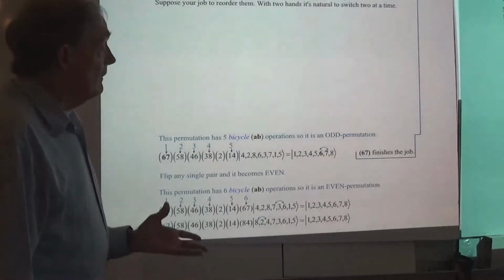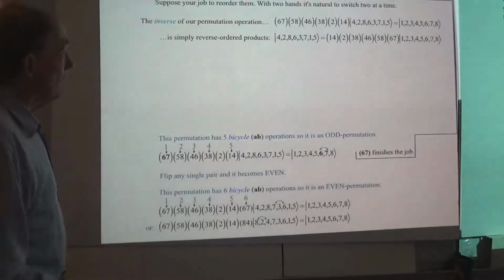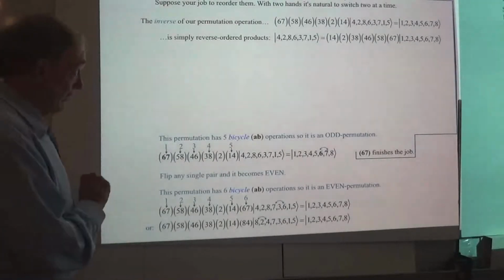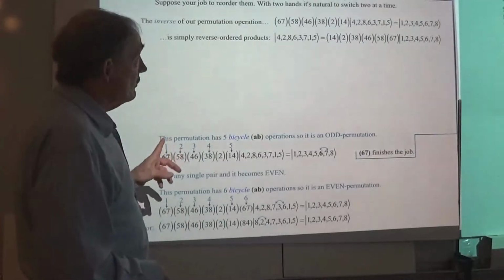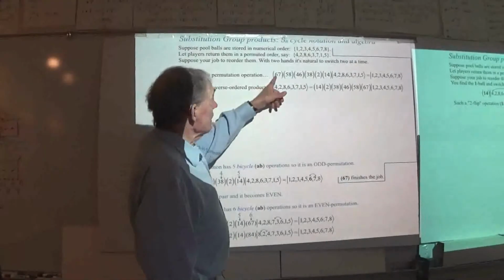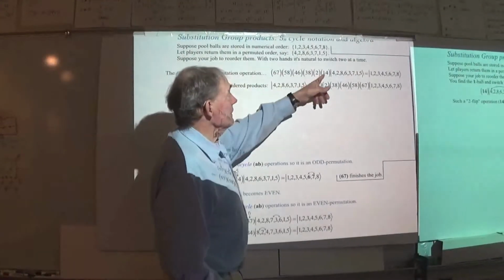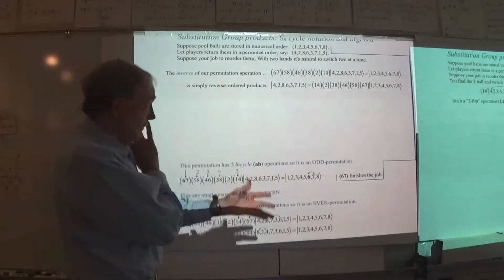And remember, you remember all the parity stuff that we worked with that makes that kind of bicycle important. Now the inverse of the operator that we just did, the inverse of this operation that ended with 6, 7, began with 1, 4, is simply then totally reversed.